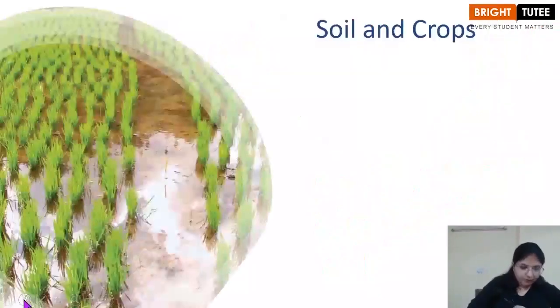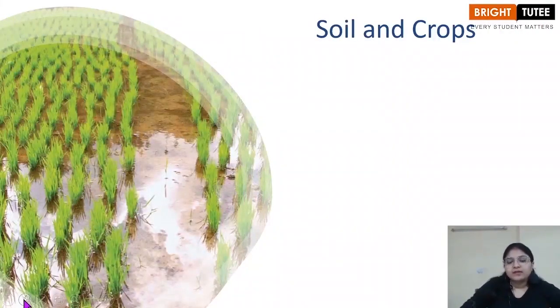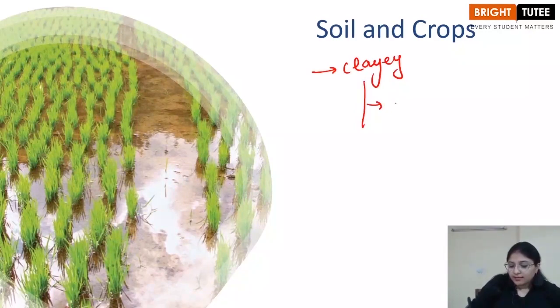Then we have the paddy, that is the crop which needs a lot of water. So such kind of crops grow in the clay soil. Again, the reason for this is that this has high water retention capacity. Why does it need more water retention capacity?